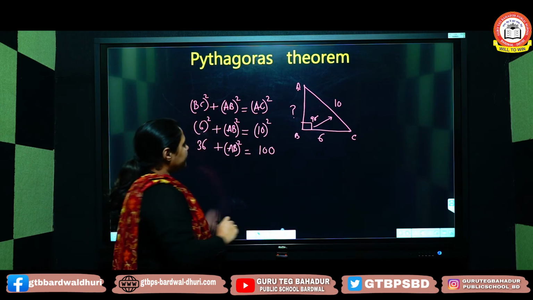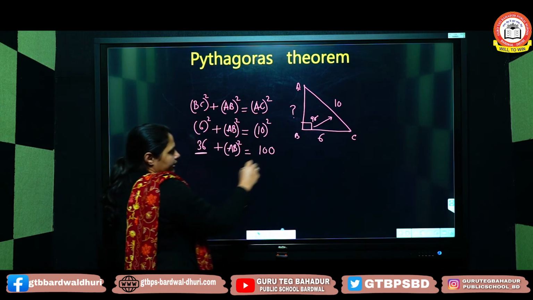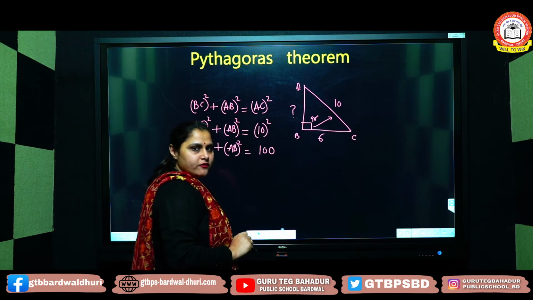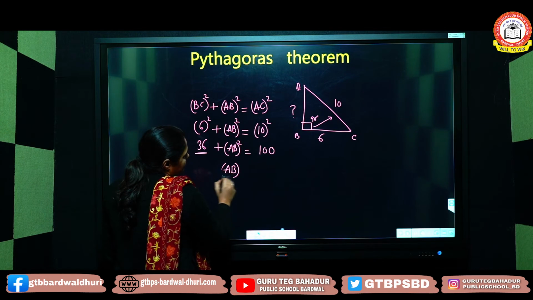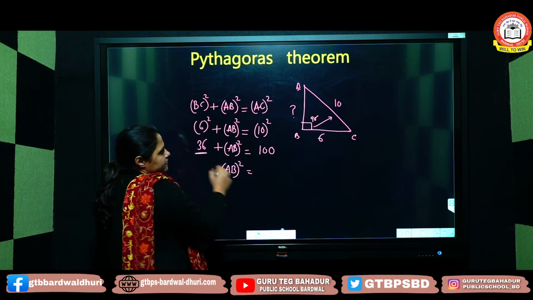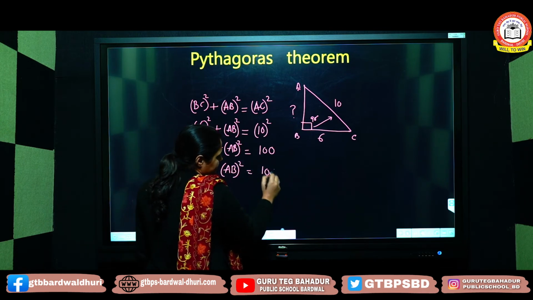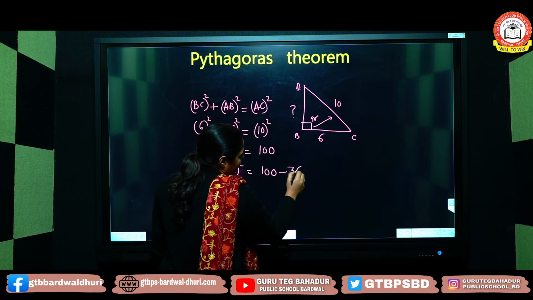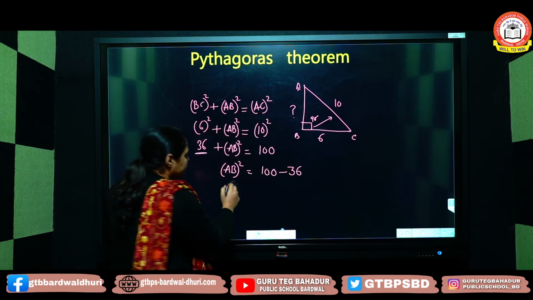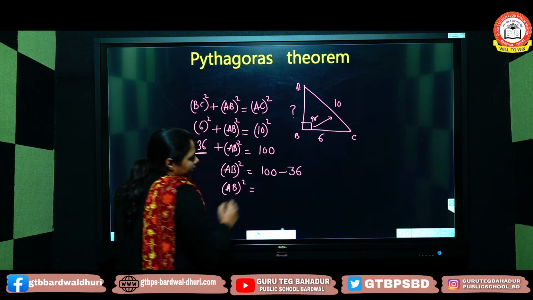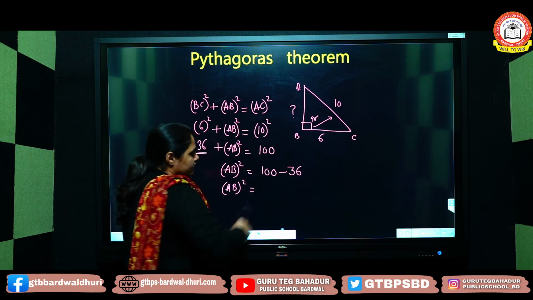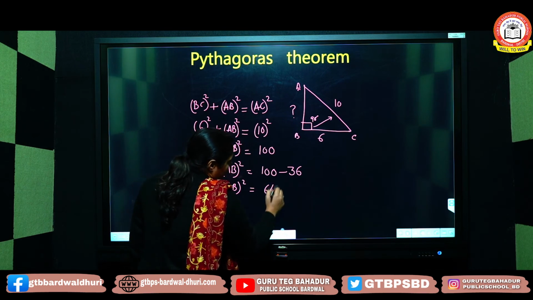Now we will take this 36 to the right hand side as we have to find out the value of AB. When I take this 36 to the right hand side, it will become minus. Now AB square will be equal to 100 minus 36, which is 64.